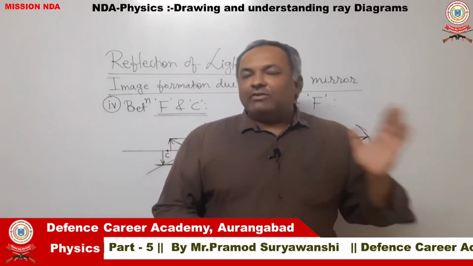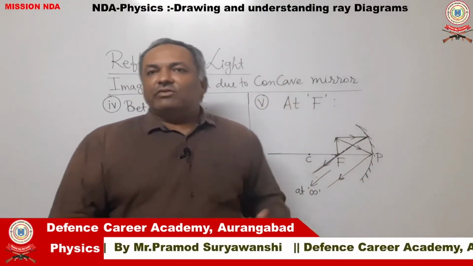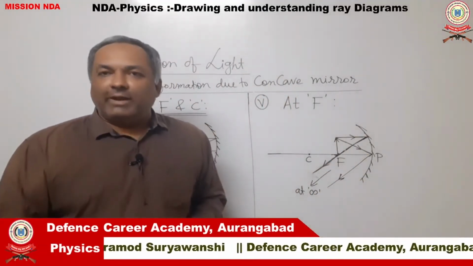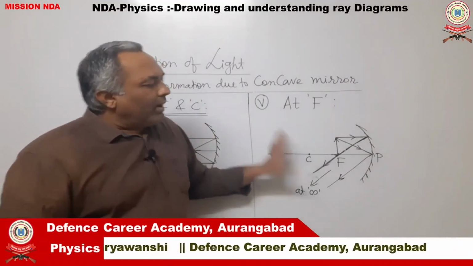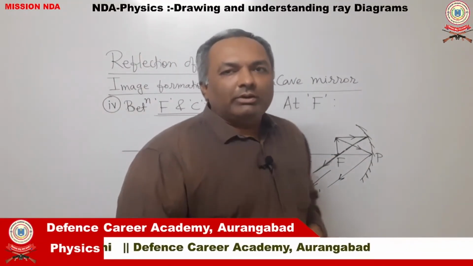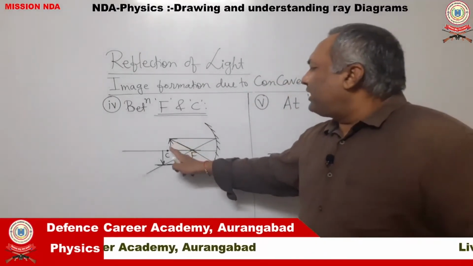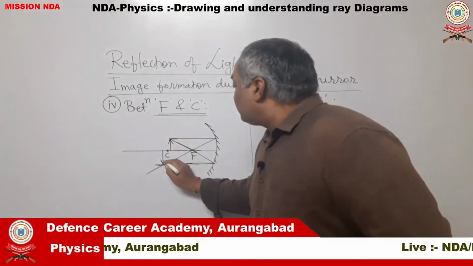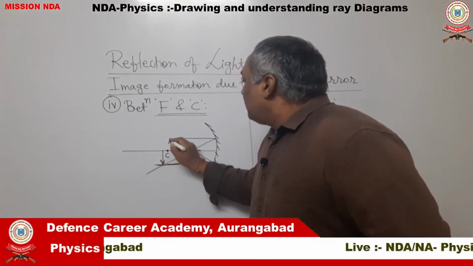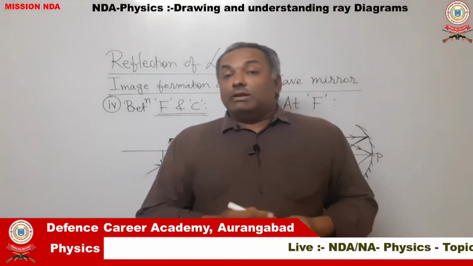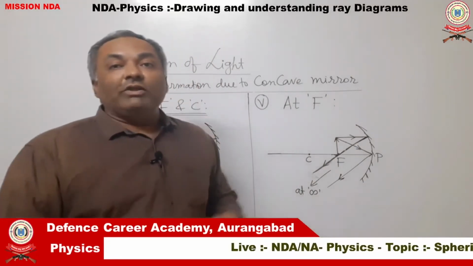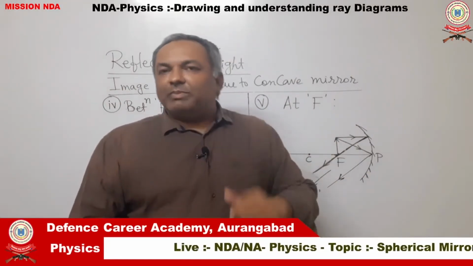That is, in case of concave mirror, the conditions in which real images are obtained. Okay, now one or two important points about the ray diagrams. First, always mark object and image by arrows. So these arrows show the relative orientation of the object and image with respect to each other.